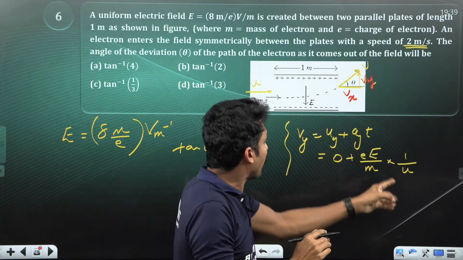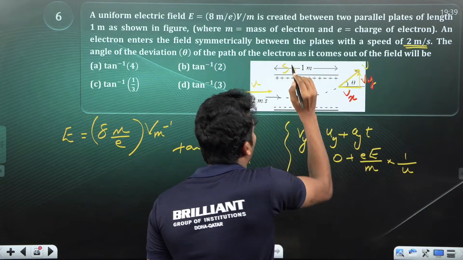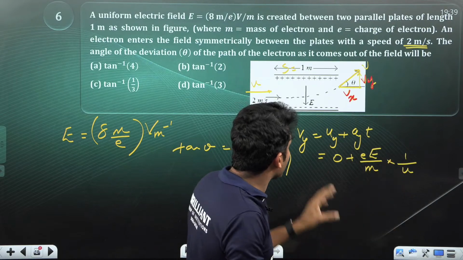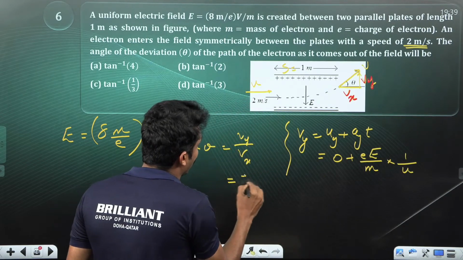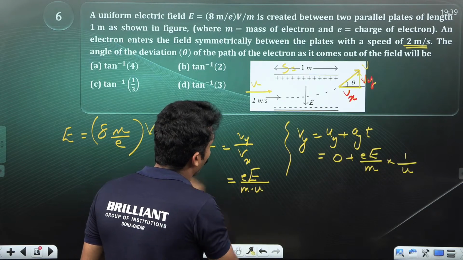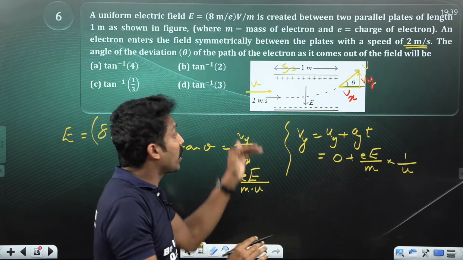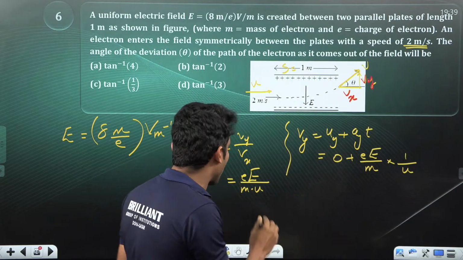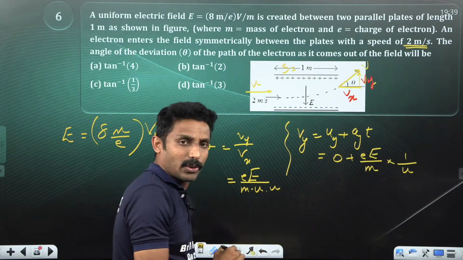We can place the value later. So Vy is eE by m into s by u, divided by Vx. The x component of velocity is not going to change, it remains u, isn't it?